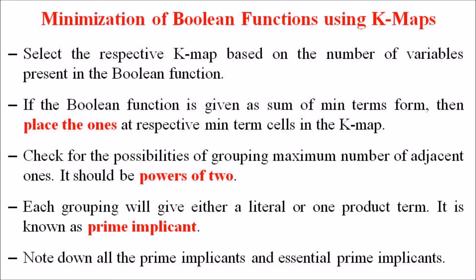Secondly, if don't care terms are also present, then place the don't care X in the respective cell of the KMap. Consider only the don't cares X that are helpful for grouping the maximum number of adjacent ones. In those cases, treat the don't care value as 1.